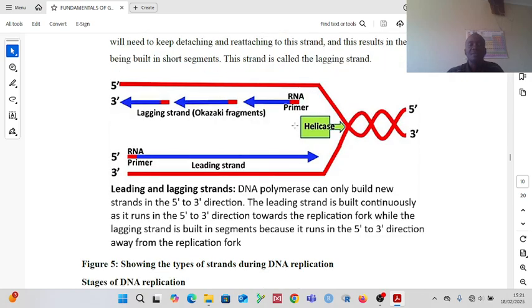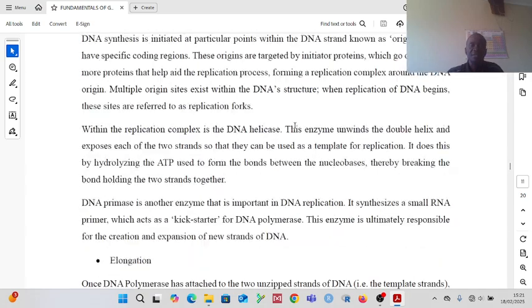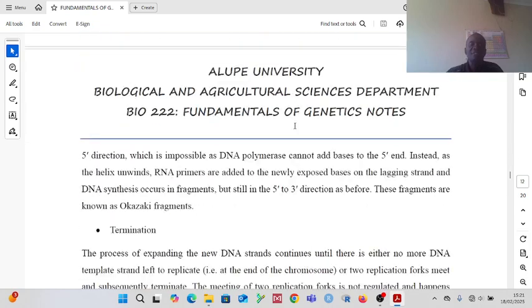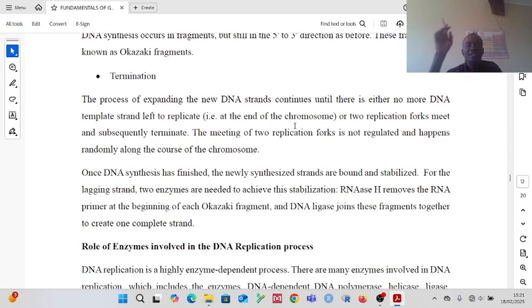So after it stops, now that is when we'll need the ligase to come in and join the Okazaki fragments together. Remember, the Okazaki fragments are found on the lagging strand. So once DNA synthesis has finished, the newly synthesized strands are bound and stabilized. For the lagging strand, two enzymes are needed to achieve this stabilization.